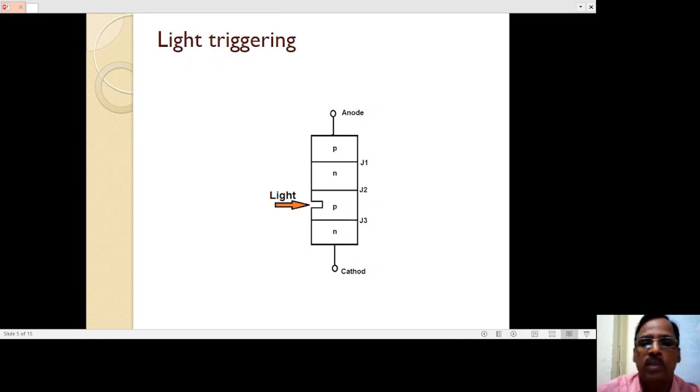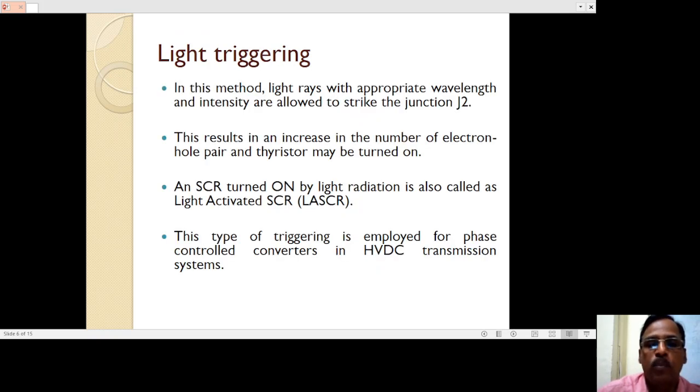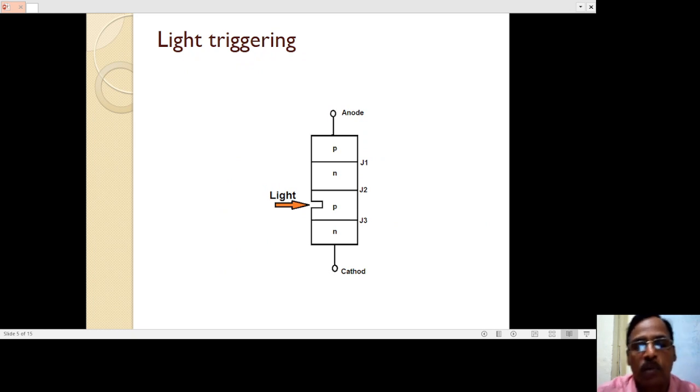In forward bias condition, anode is connected to positive side of the supply, cathode is connected to negative side of the supply. During that period, junction J1 is forward bias condition, junction J3 also in forward bias condition, junction J2 in reverse bias condition. So there is a terminal created, that is called niche. In this terminal, we have to put the light.